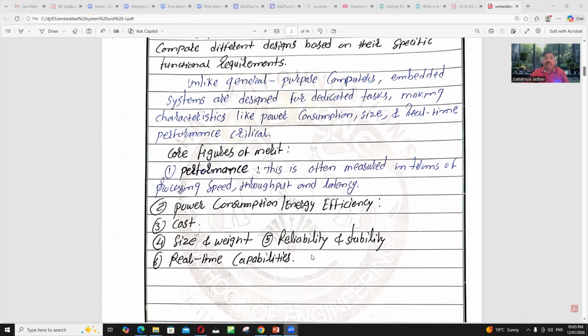Whatever the application, it works in real time. In medical applications it is very crucial, where we require real-time operation. At a certain time they have to produce the output, and the doctors take decisions for handling the patients. So these are some of the parameters used to identify the performance of a system.